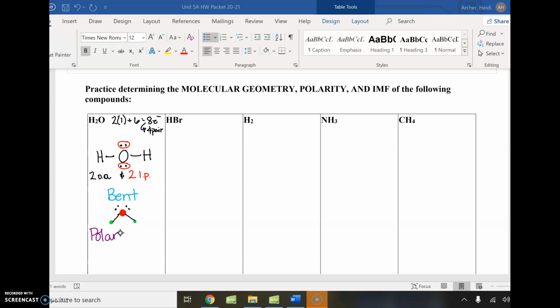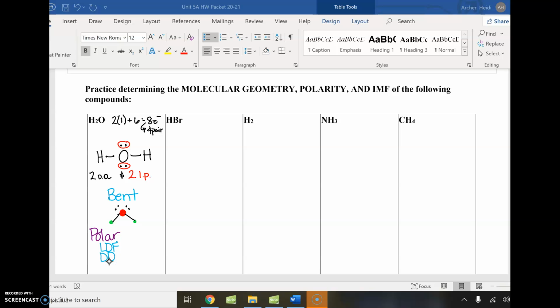As a result, the last thing I need to answer is what forces does it experience? As a result of being polar, we know that it experiences London dispersion forces because everybody experiences London dispersion forces. And then it experiences dipole-dipole forces because all polar molecules experience dipole-dipole forces.